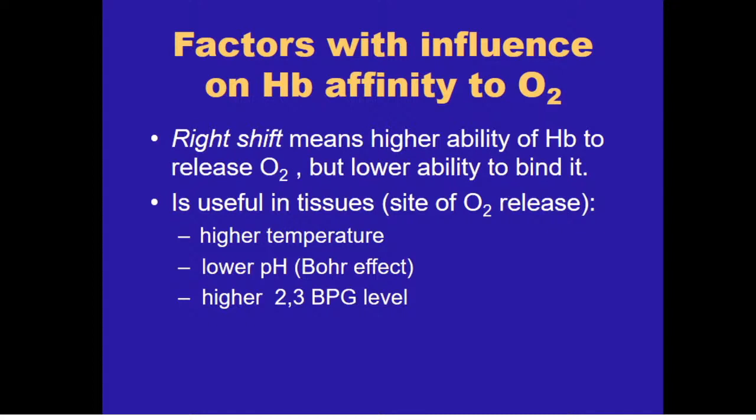Tissues all the time exist at a lower partial pressure of oxygen than lungs, but if it is decreased further by some factors, it's understandable that this is a signal to release more oxygen to compensate for the hypoxia that appears.